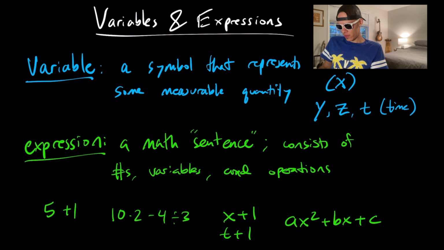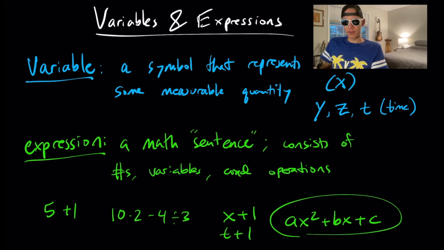Now, these don't mean anything right now, but in specific contexts, it might be nice to just look at ax squared plus bx plus c instead of trying to explain it all in sentences in English or whatever language you speak. Because if we write this, a lot of people are going to understand immediately what that is, regardless of which language they speak, because we're speaking the language of math. It's universal.